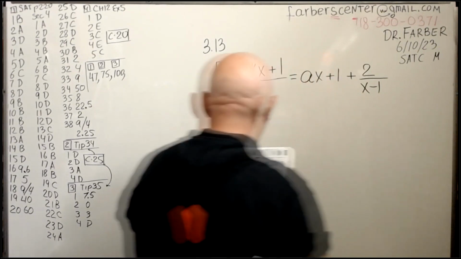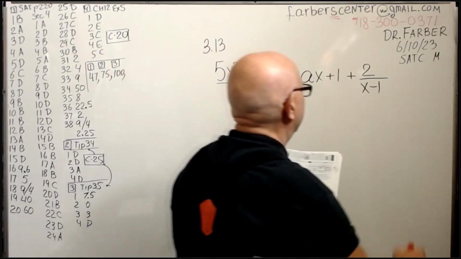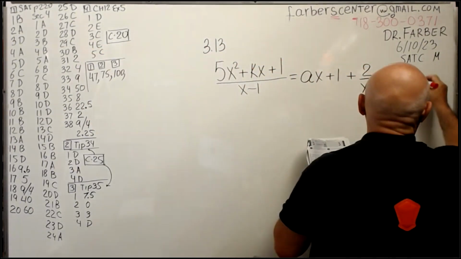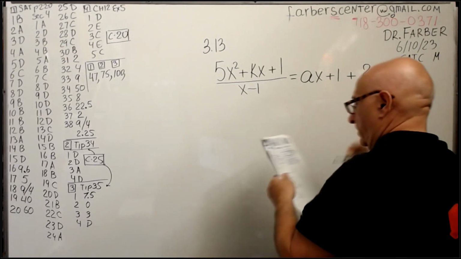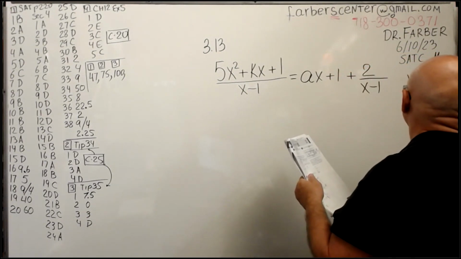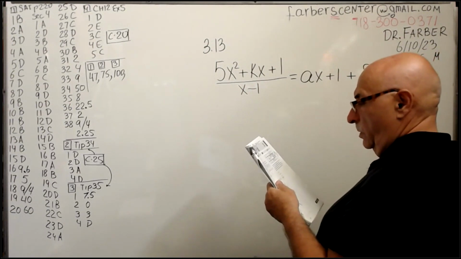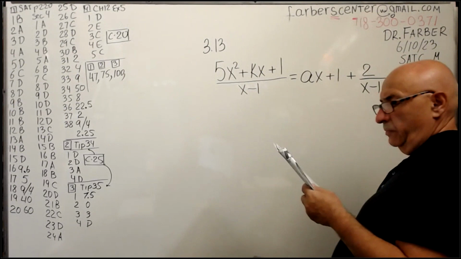The equation above is true for all values of x, except for 1. x not equal to 1 because you can't divide by 0. k and a are constants. What is the value of k?